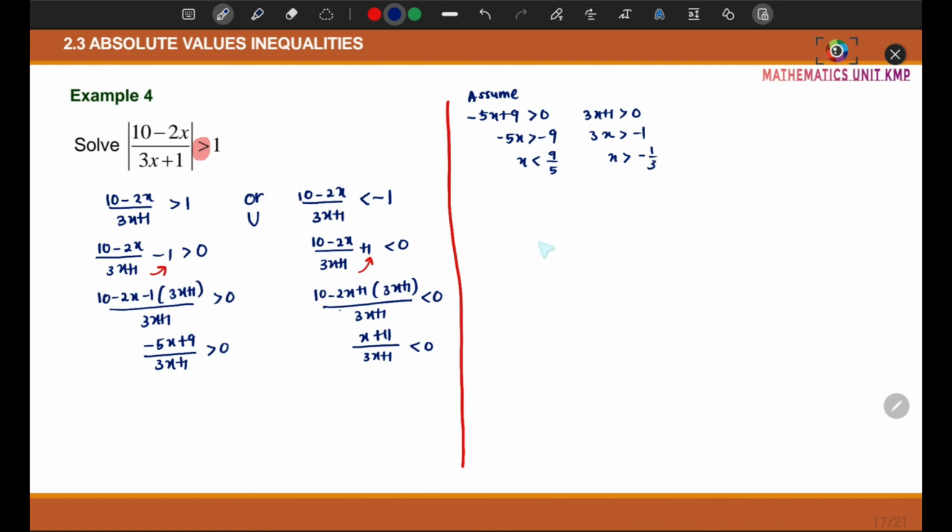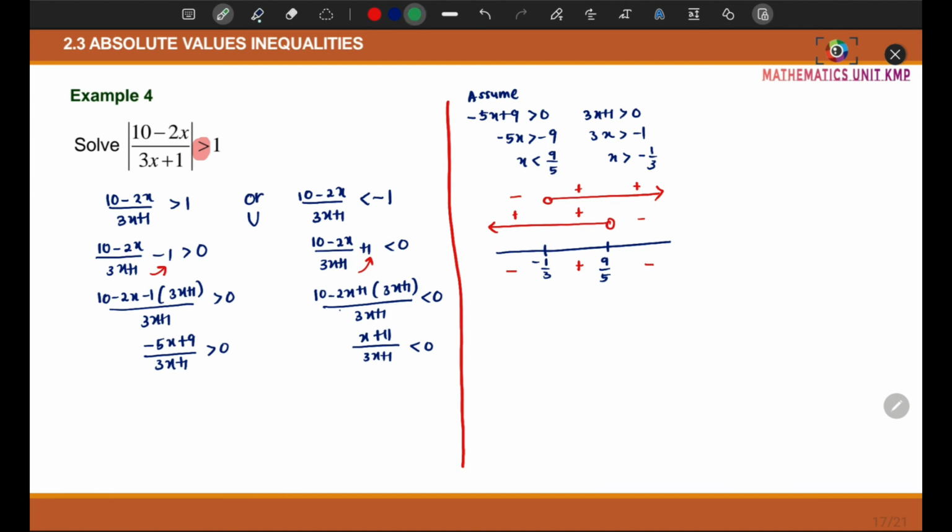So use the positive number line. Negative 1 over 3 and 9 over 5. So x less than 9 over 5, x greater than negative 1 over 3. On the positive number line, when there is a line, there is a positive sign. So positive times negative, negative; positive times positive, positive; negative times positive, negative.